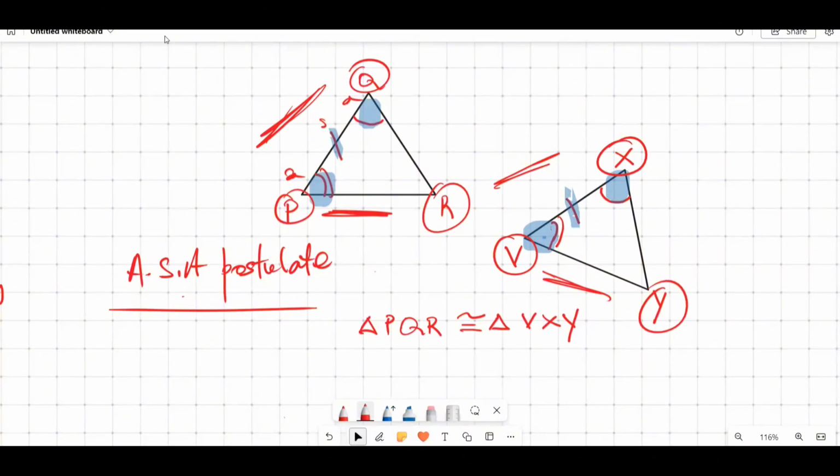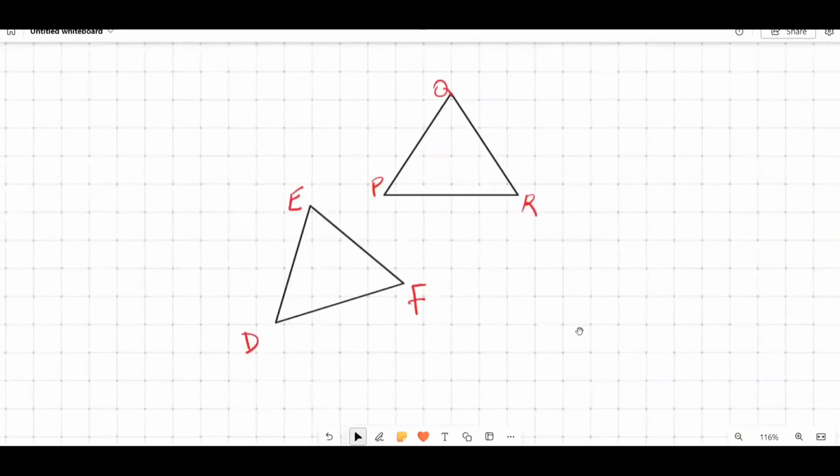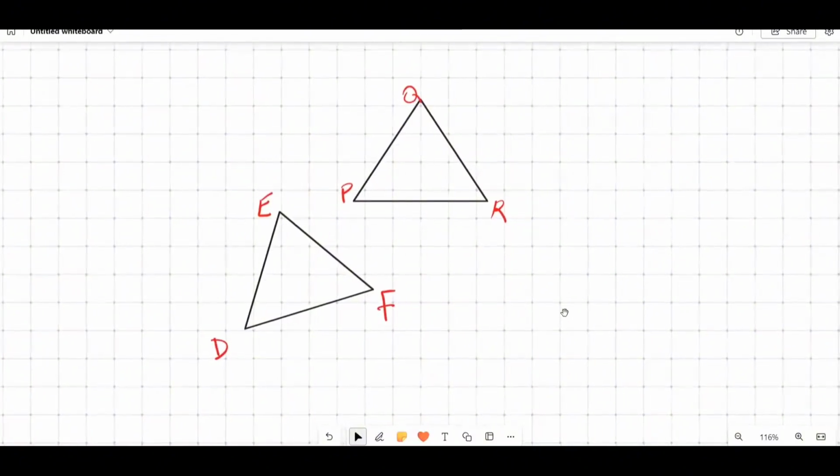Let's take a look at another idea. In this case, we have two triangles, DEF and PQR. Let us say DE is congruent to PQ and EF is congruent to QR.